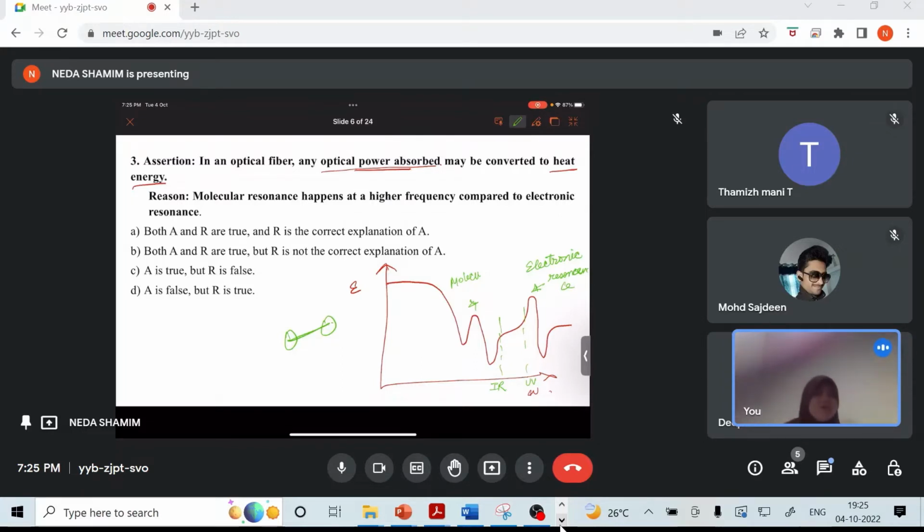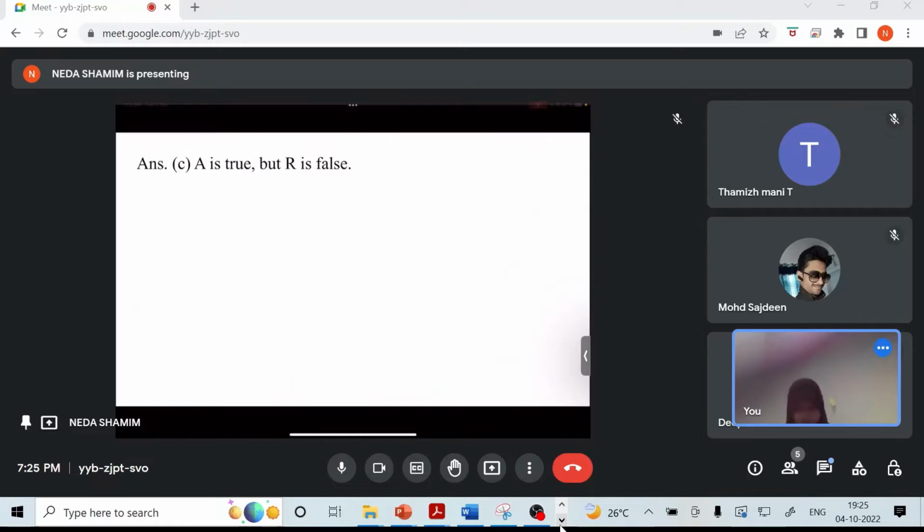So there will be some molecular resonance also, but these are all frequency specific. It happens at a lower frequency. So the statement that molecular resonance happens at a higher frequency compared to electronic resonance is wrong. So R is false. The only option which says R is false is C. So A is true, R is false. Okay, I hope you got it.